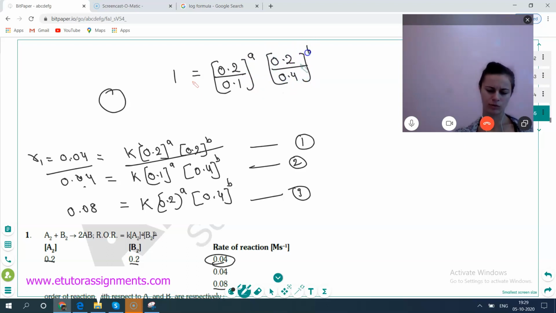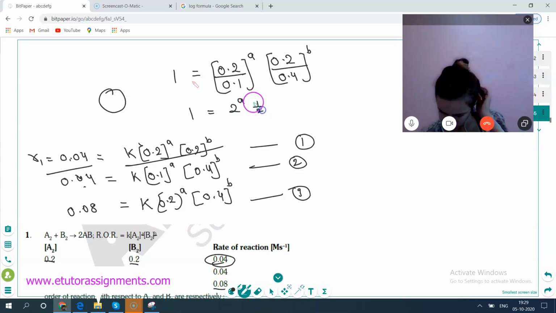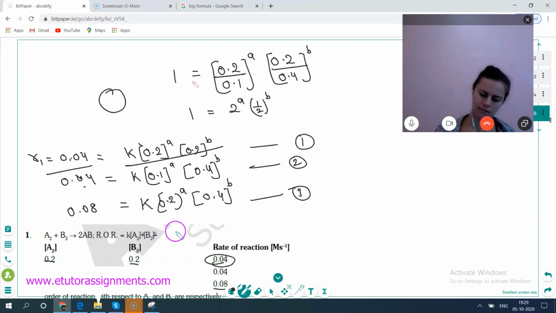So it's going to be 1 is equal to 2 power a multiplied by 1 divided by 2 power b. Is it clear? Good. This is the first equation.